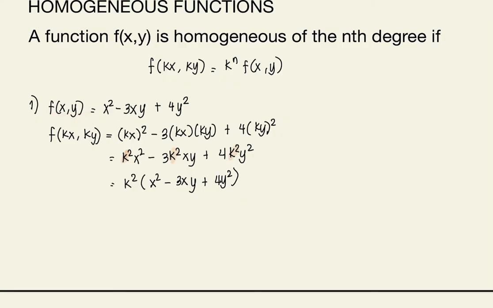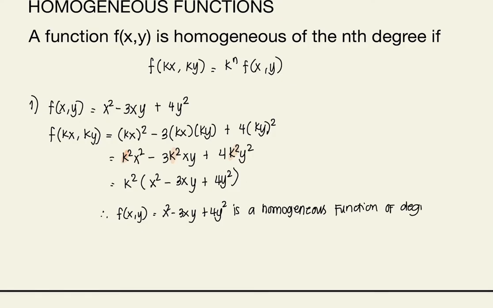Meaning, our conclusion is that the given function f of xy, because we were able to write it in this form, is homogeneous. So we say f of xy equals x squared minus 3xy plus 4y squared. So the given function is a homogeneous function of degree, what's the degree? It's of degree 2.